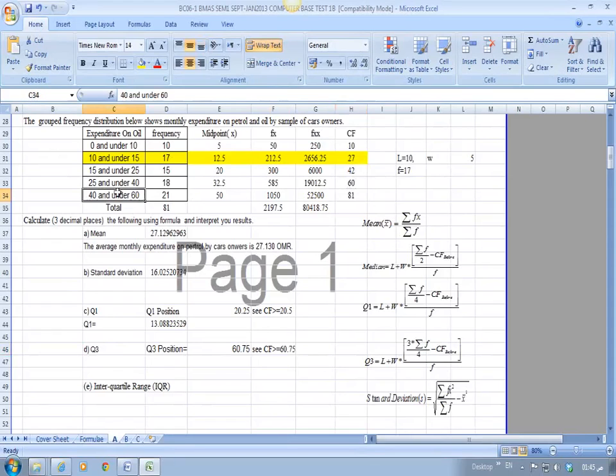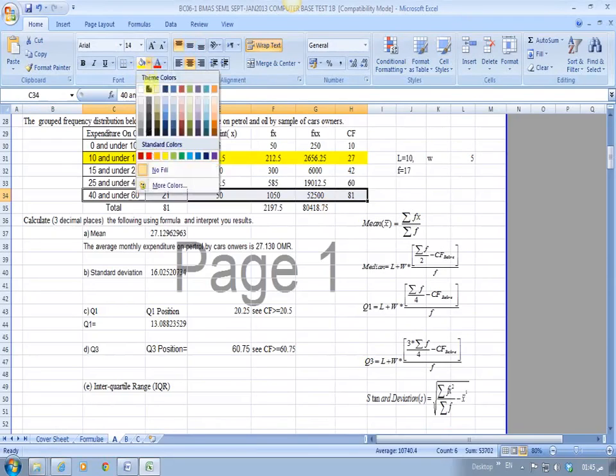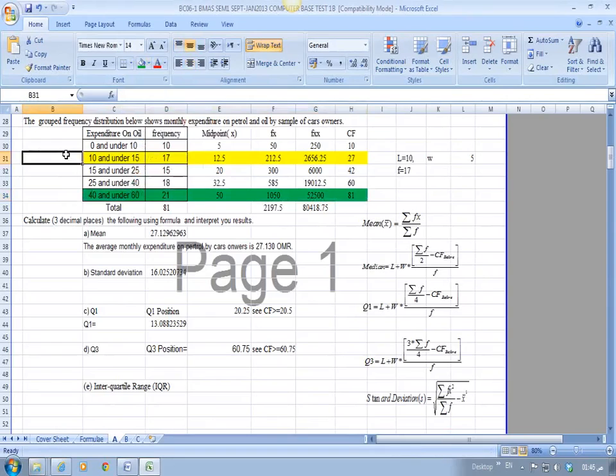It means that this is the Q3 position. So according to that, this is the Q1 position, and this is the Q3 position. Now this is Q3.